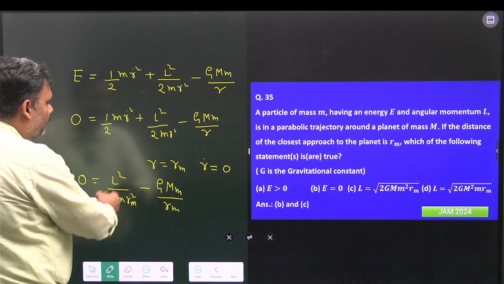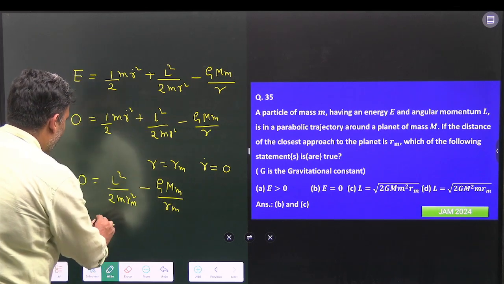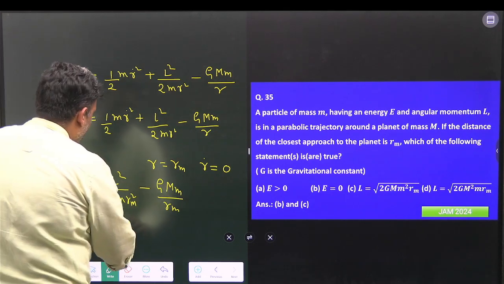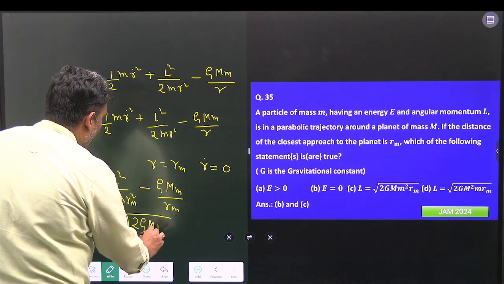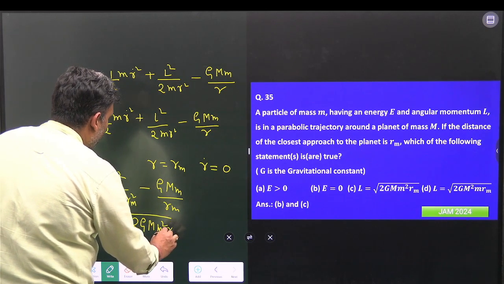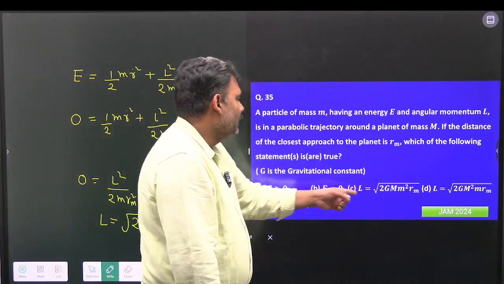From this equation we can easily get the value of L, which is the square root of 2 G M m squared into Rm. So option C is the correct one.